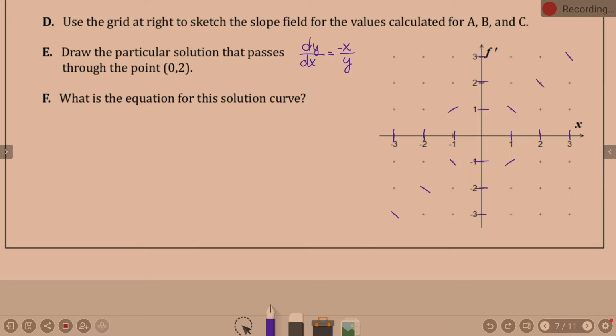Can you parallel this? What's going to happen on the other diagonal? If (1, -1) is a positive 1 slope, what do you know about (2, -2)? It's going to be a positive 1 slope as well, yes? And so that whole diagonal will be.